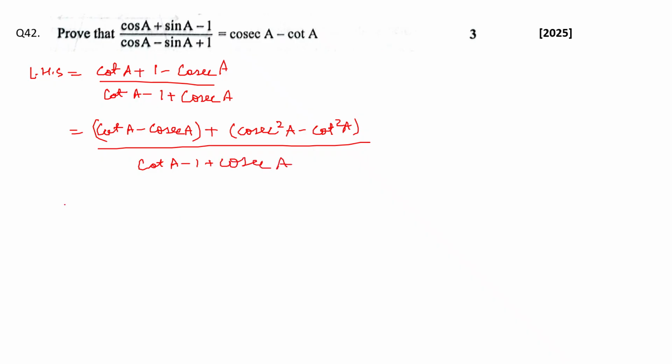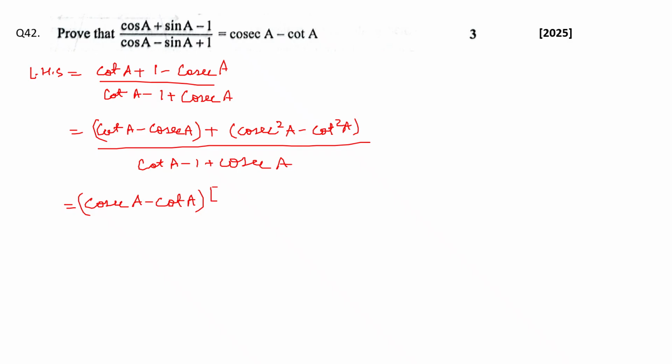Now from the numerator I am going to take common cosec A minus cot A. Because if you see here, this is in the form of a square minus b square. So cosec A minus cot A, cosec A plus cot A. So I have taken cosec A minus cot A common.